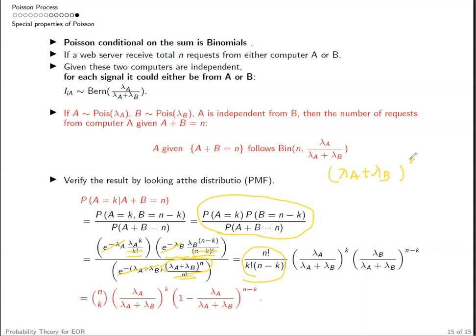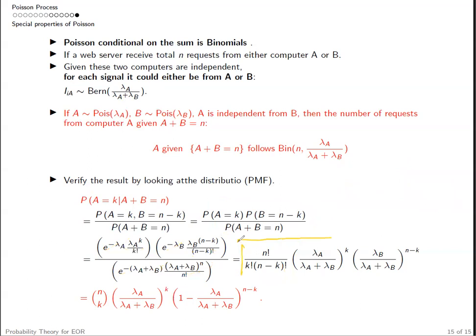We decompose this as the product of lambda A plus lambda B to the power k and lambda A plus lambda B to the power n minus k. The first term combines lambda A to the power k from the numerator with the denominator, and lambda B to the power n minus k divided by the second term gives the second term here.